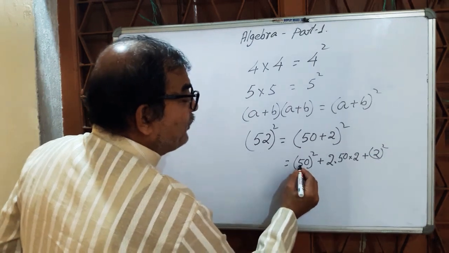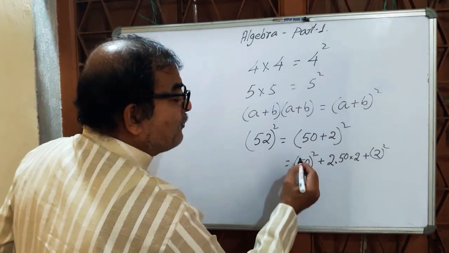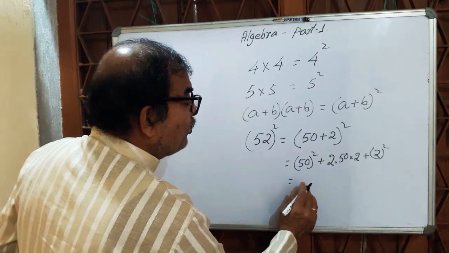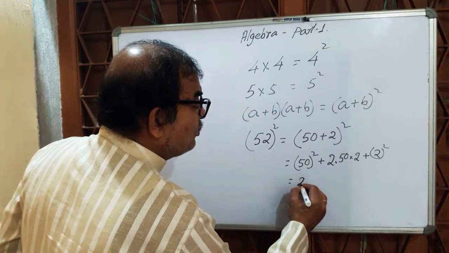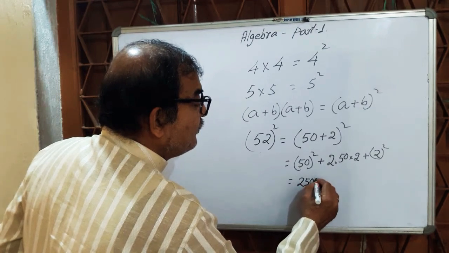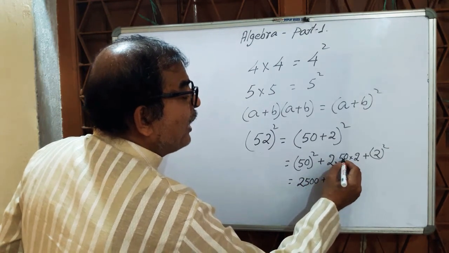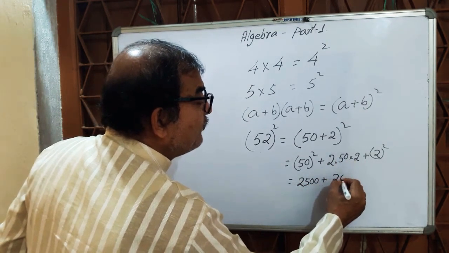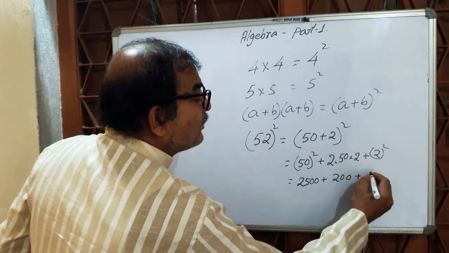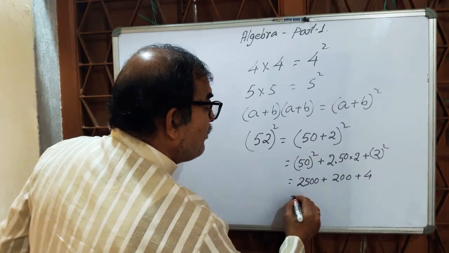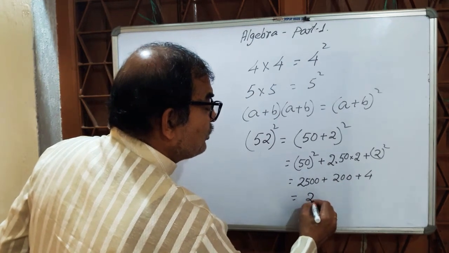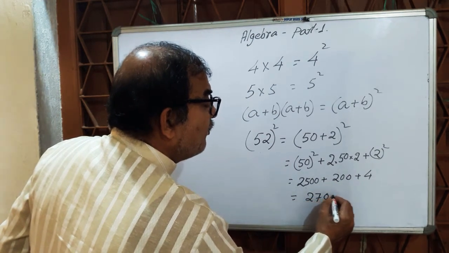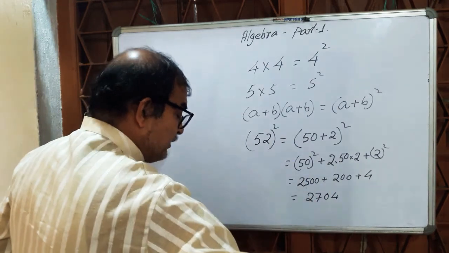We know 5 into 5 is 25, 10 into 10 is 100. So automatically, without doing multiplications, you get 2500 plus 2 into 50 into 2, which is 200, plus 4. That means 2704.